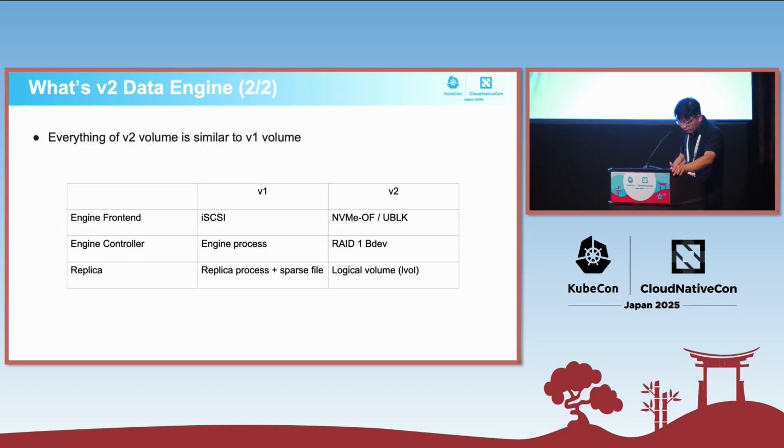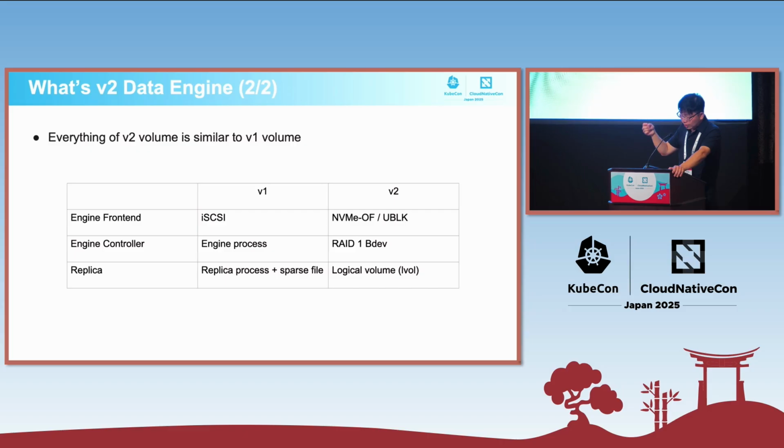Okay. And for the controller, the V1 variant is the engine process. Instead, for the V2 variant, it is RAID 1 bdev in SPDK. For the V1 variant, each engine process has multiple downstream replicas.